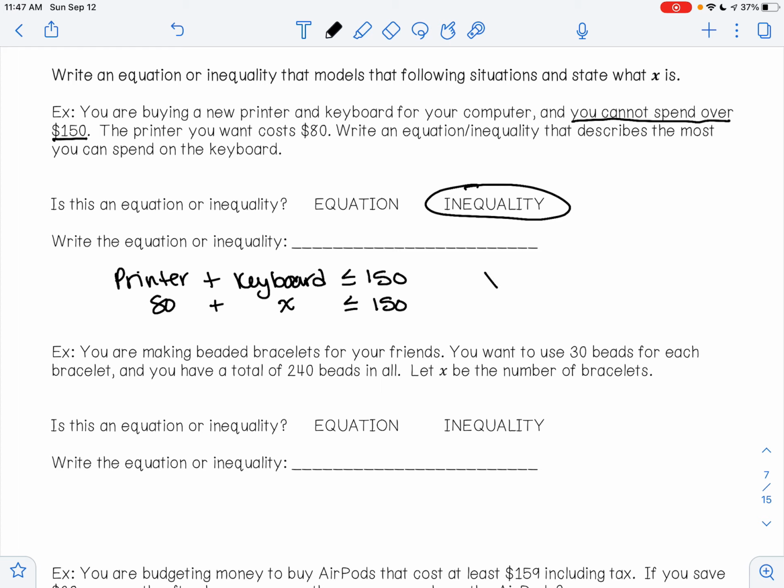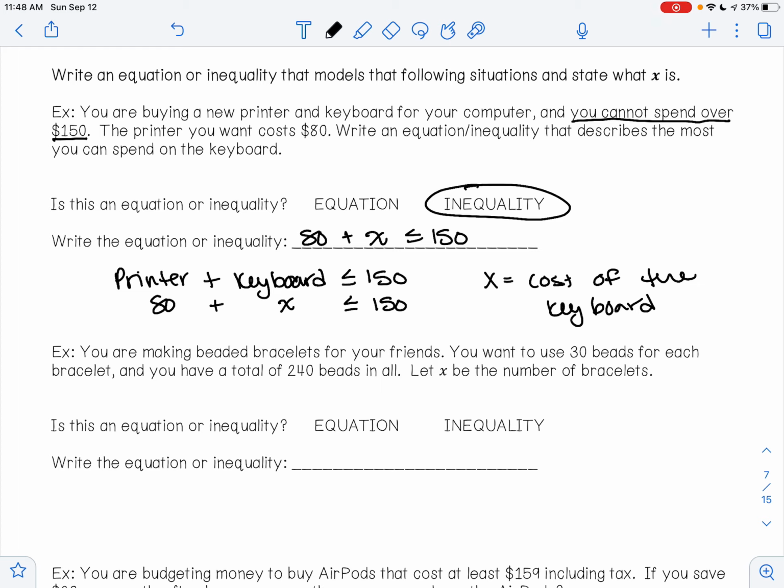So here, X would be the cost of the keyboard. And so my inequality is 80 plus X is less than or equal to 150. We do not have to solve this. They just wanted to write the inequality that goes with it.